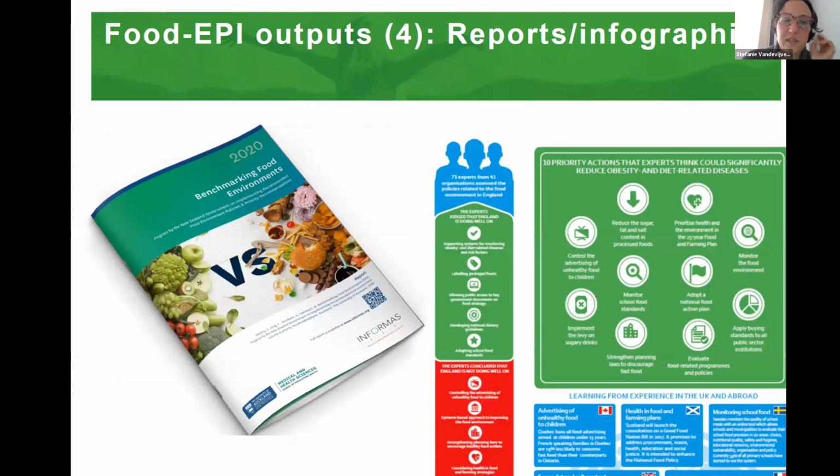And then, of course, the dissemination. There are quite a few examples that we can share. Once we have a Dropbox, we can share all the examples of reports and infographics that have been prepared by several countries to disseminate the results.